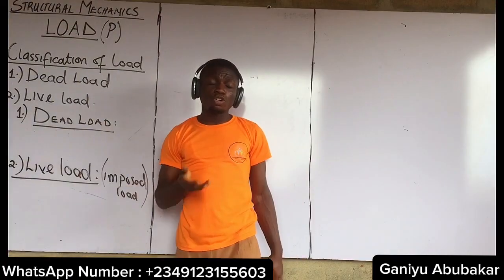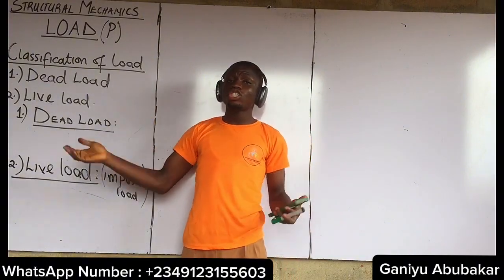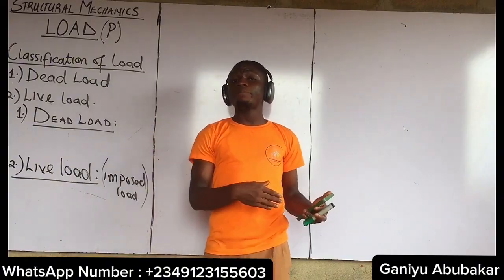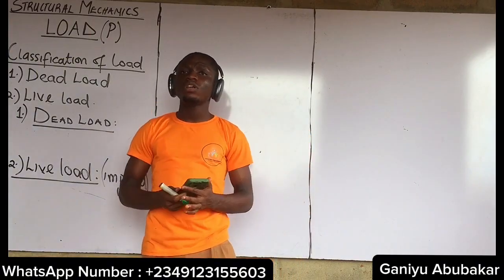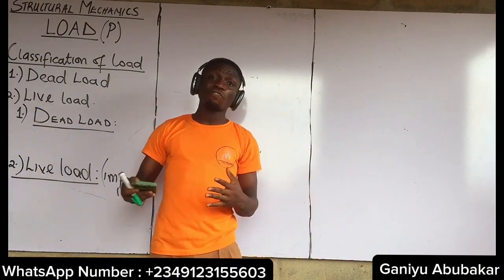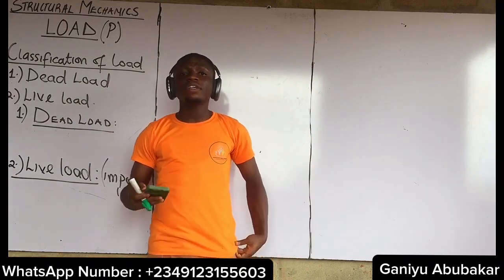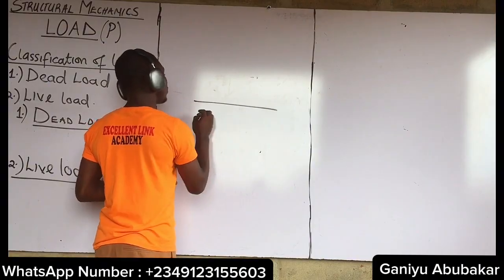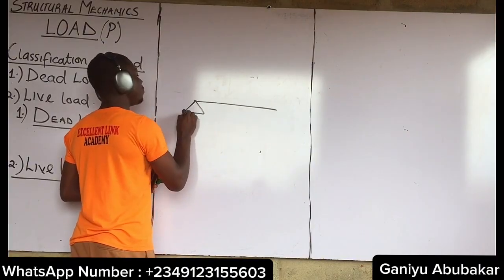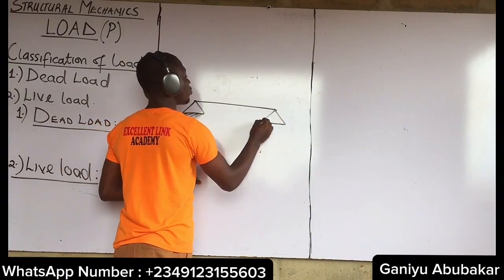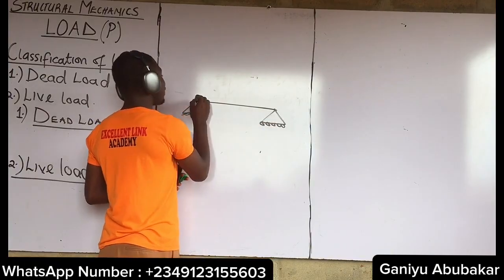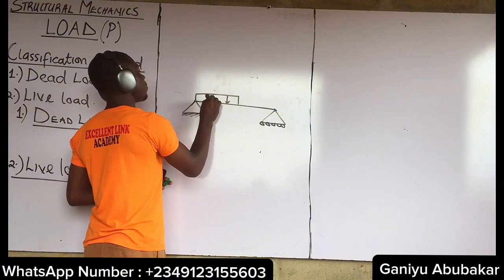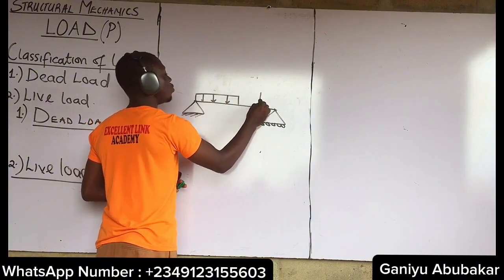In our next class, we'll be discussing the computation of reaction and moment. For that concept, you'll be learning how to find the reactions using the equations of static equilibrium. Let's say I have something of this nature, a pin support and a roller support, and I have a uniformly distributed load as this here, and I still have a point load.